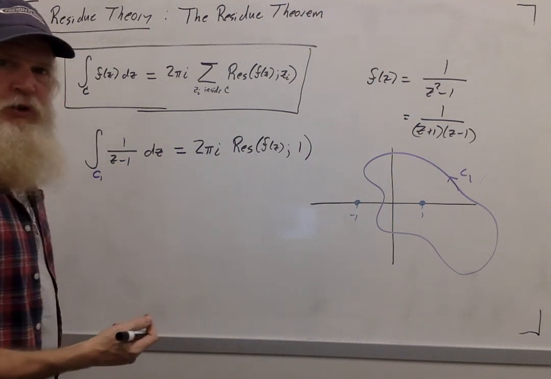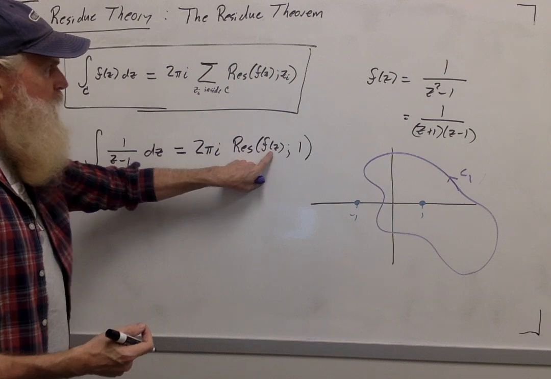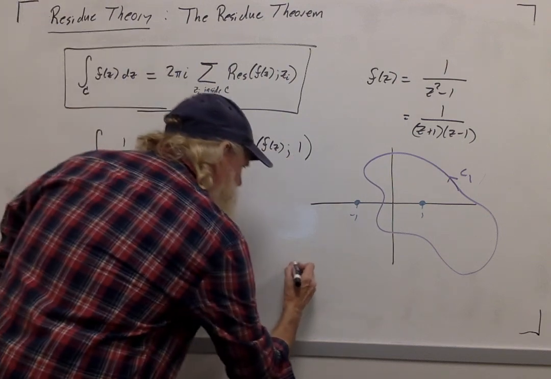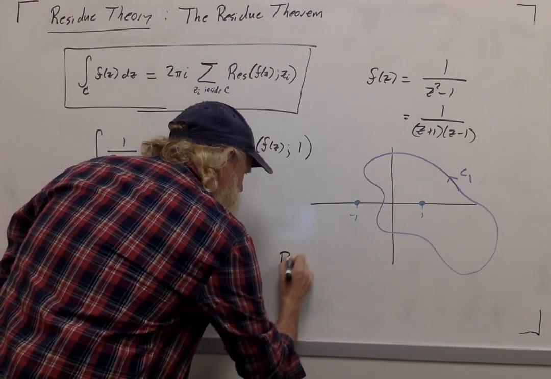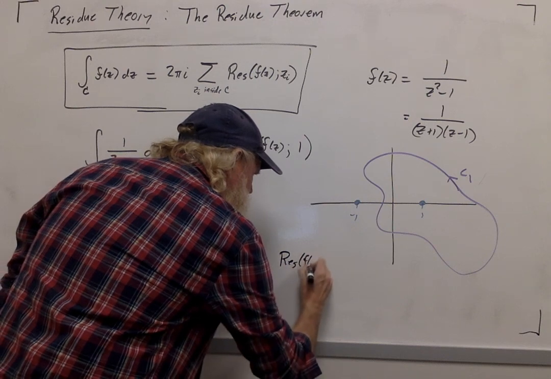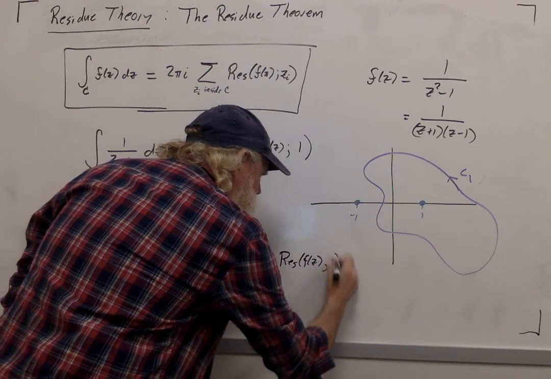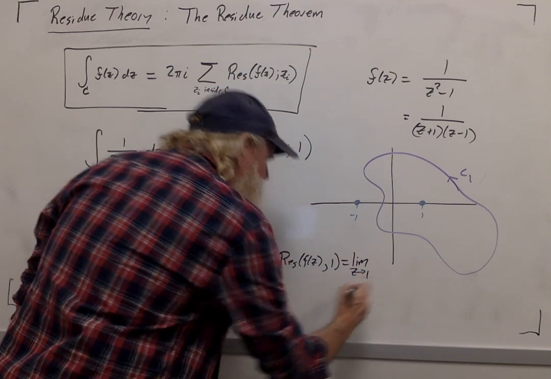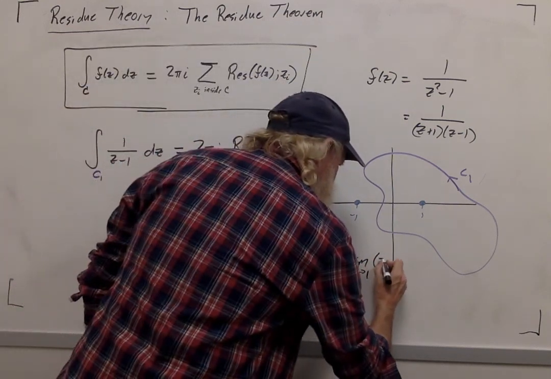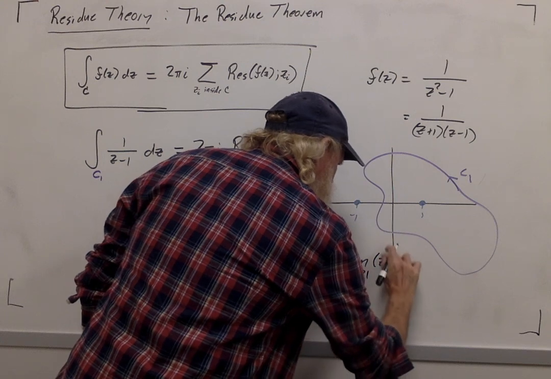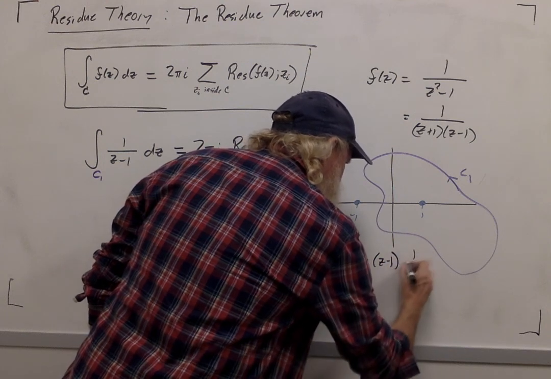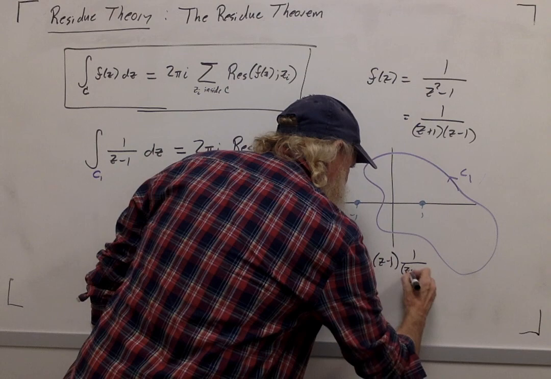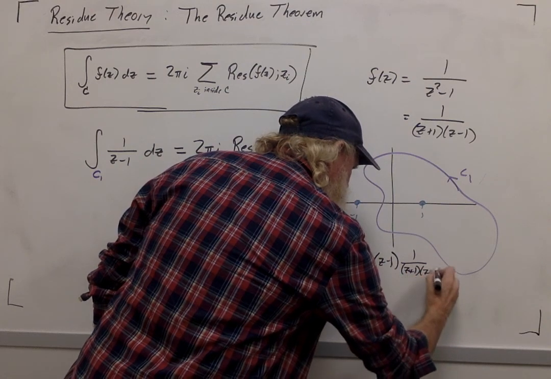So let's do a little bit of scratch work. Let's find out what the residue of this function is at 1. That's going to be the limit as z goes to 1 of z minus 1 multiplied by 1 over z plus 1, z minus 1.